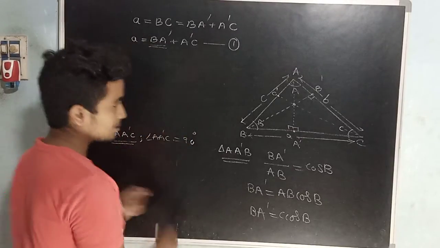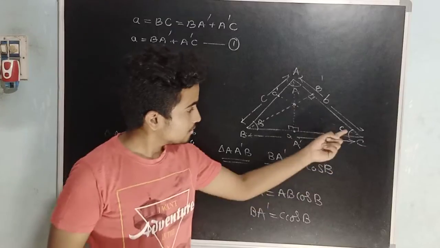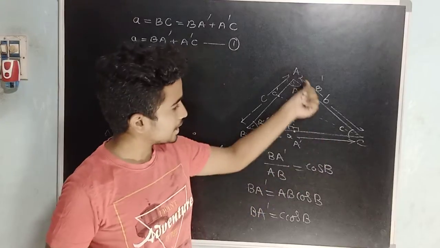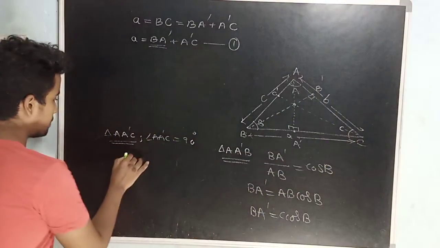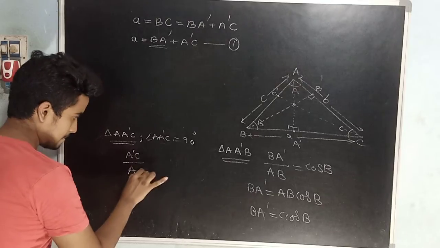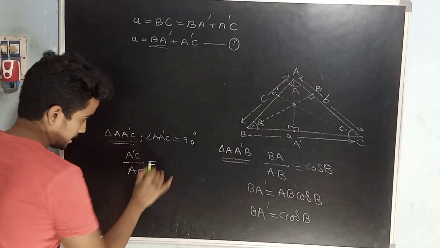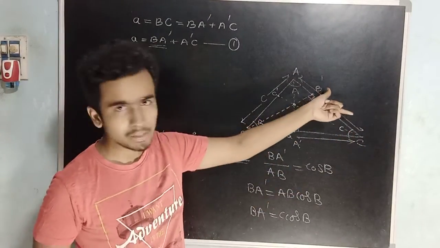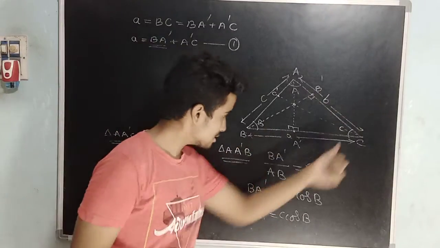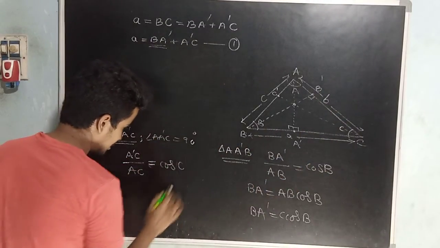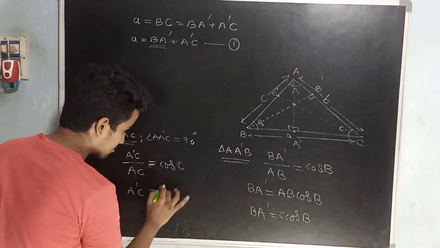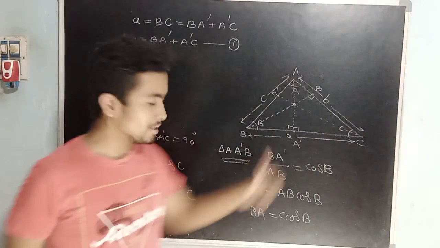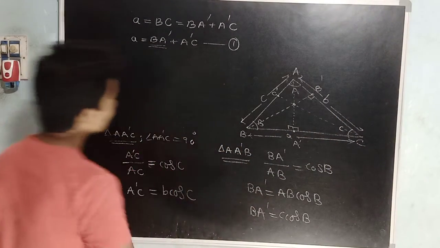Now with respect to angle C, A dash C by AC is base by hypotenuse, which is cos C. So A dash C is equal to b cos C, since AC is nothing but b.